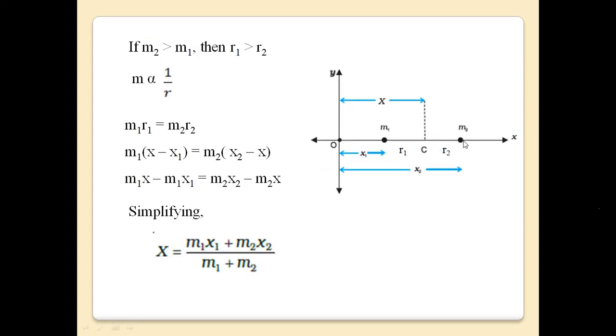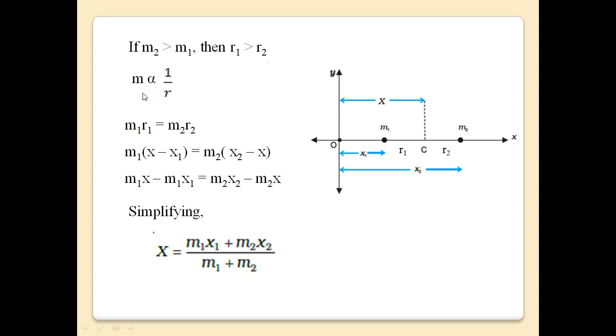Suppose, imagine the second body is heavier than the first body, then the center of mass will lie closer to m2. In that case, r2 will be lesser, r1 will be greater. We are going to represent that here. If m2 is greater than m1, then r1 will be greater than r2.